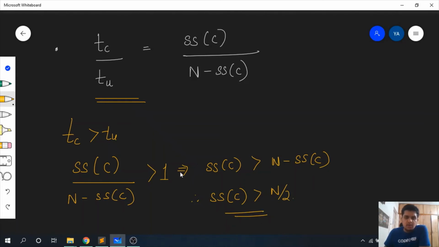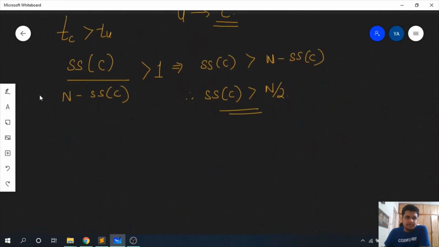Now what does this tell us? That Ss of C is greater than n by 2. So basically we can change our node U to C. Let us root the tree at C, so that we can get a better distribution of the subtree sizes of its children.